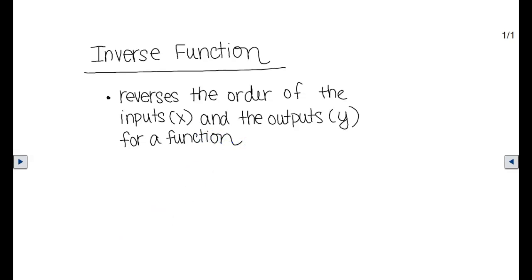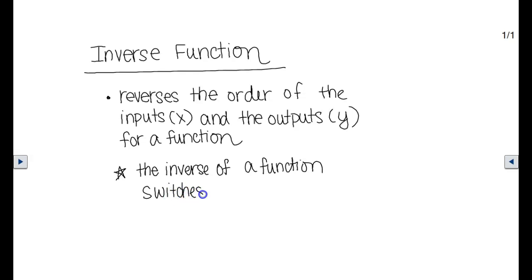Now, all of that is just a fancy way to say that the inverse of a function switches x and y. So an inverse function is going to reverse the order of the inputs and the outputs for any given function. And like I said, that's just a fancy way to say that the inverse is going to switch x and y.